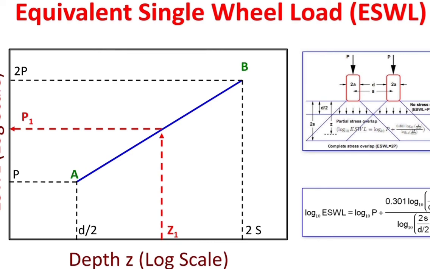So because of that, individual wheel load distribution will be less, or the load carried will be lesser, right? So it is possible to determine ESWL for such heavy tridem loading arrangements also, right?